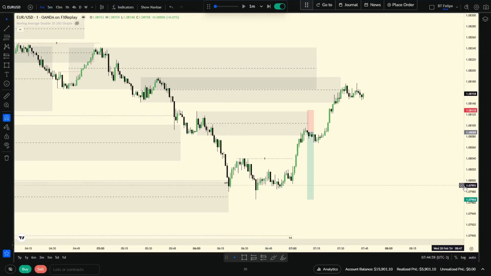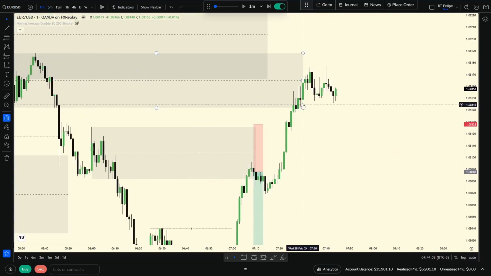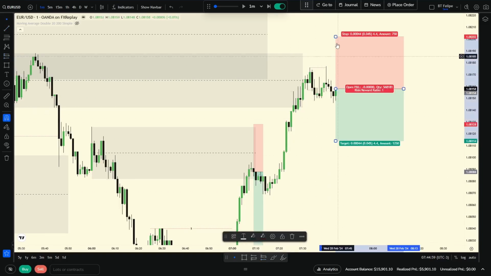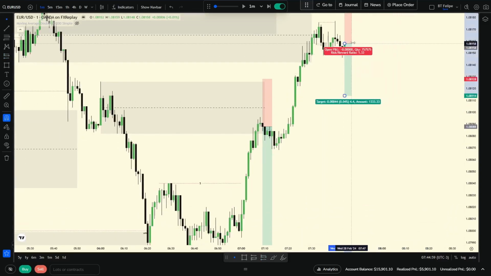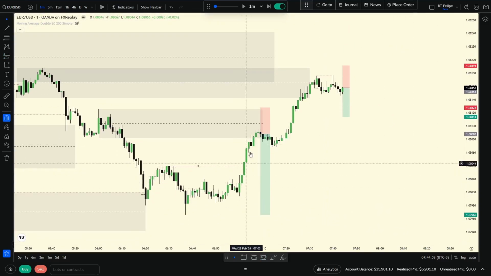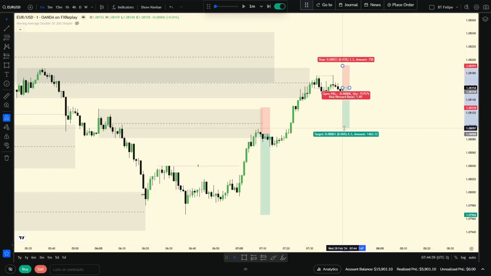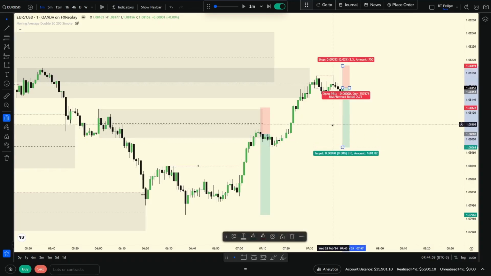Let's see if it gives M1 manipulation. Oh, already gave. I don't like this short because price is going up, but maybe it works.